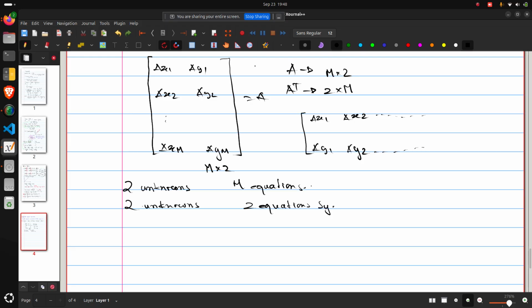But for that we need to convert this m cross 2 matrix into a 2 cross 2 matrix. So from A and A transpose, we can see that we use these two things, right? If we multiply A transpose by A, that is nothing but a 2 cross m matrix times an m cross 2 matrix. This will give us a 2 cross 2 matrix, right?